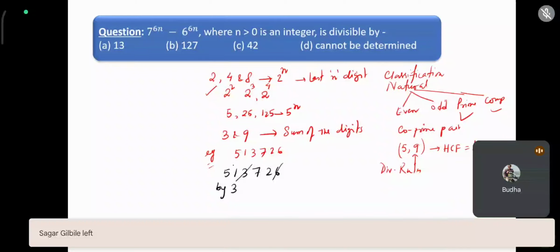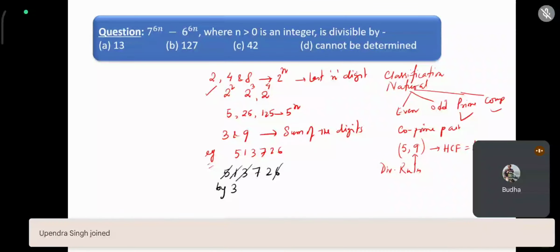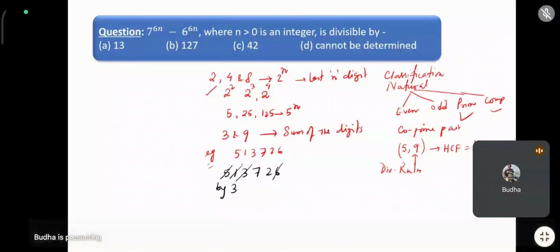Next, 5 plus 1 gives us 6, divisible by 3. I simply strike off those. Now the remaining is 7 2. 7 plus 2 gives us 9, which is divisible by 3. So rather than adding the entire number, you can simply strike off the moment you get something divisible by 3.